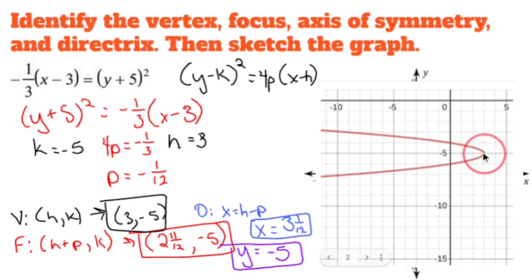So right 3, down 5. There's our vertex. Where you can barely see it, our directrix is just to the right of it as a dashed line, and then our focus is just to the left of it. And you can see that our axis of symmetry is y equals negative 5, which goes through it.